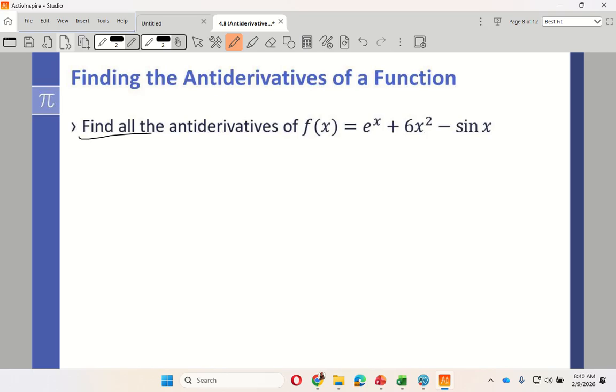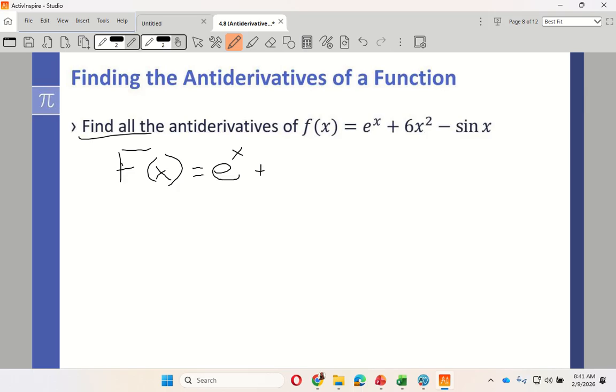All right, so we're going to do each item individually. So capital F of x, sorry. What's the derivative of e to the x? E to the x. So the antiderivative of e to the x is e to the x. Now, 6x squared.